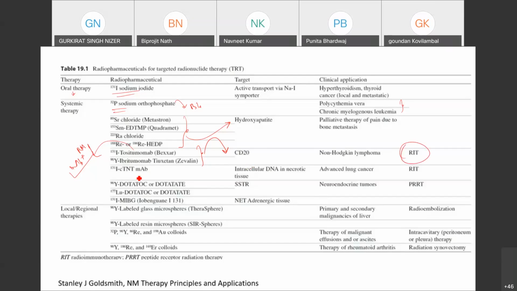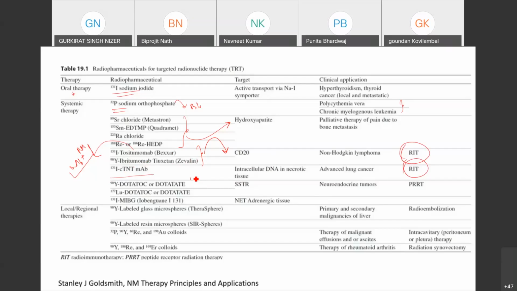And the same goes for this drug, iodine 131 labeled chTNT monoclonal antibody, that's being used for treating advanced lung cancer. And that's again an example of radioimmunotherapy. And it targets the intracellular DNA in necrotic tissue.